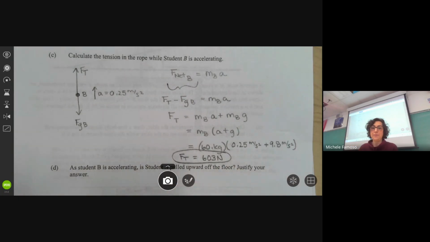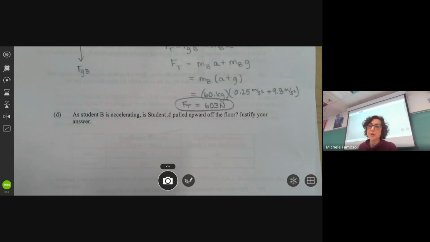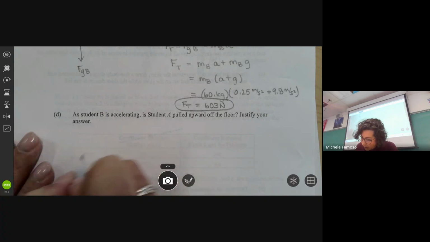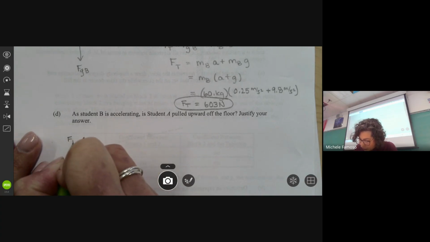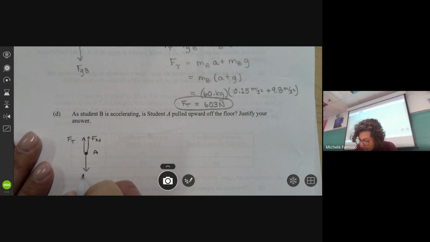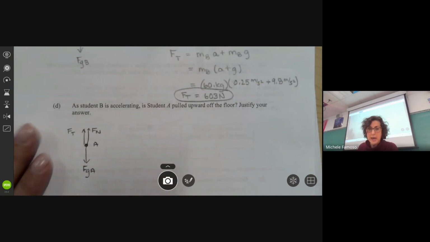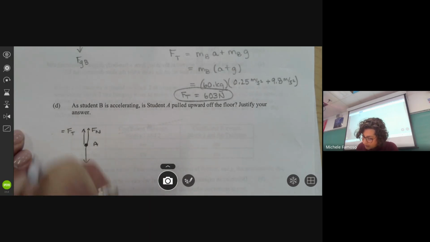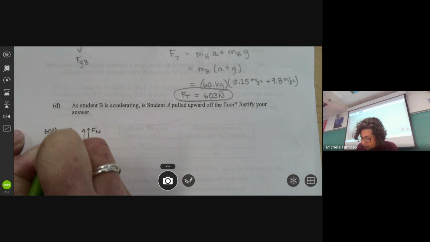603 newtons. Now, part D, as student B is accelerating, is student A pulled up off the floor? Well, if I think about student A here, remember they have this tension, they have a normal force, and their weight acting on them. We now know this tension is 603 newtons.